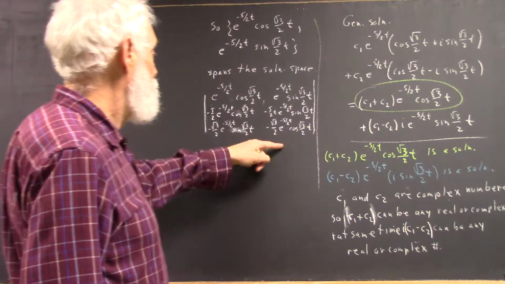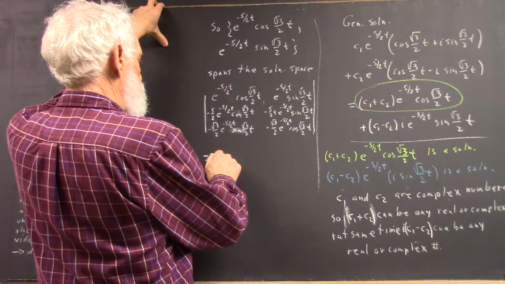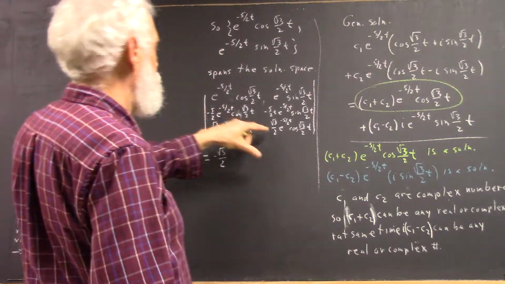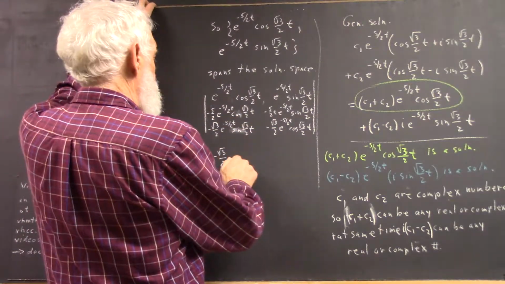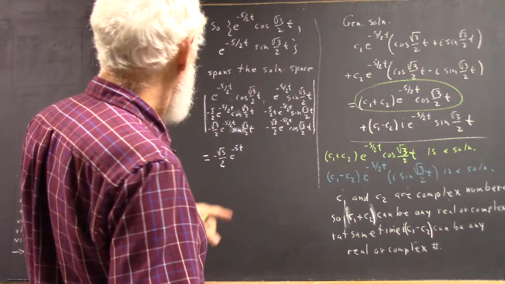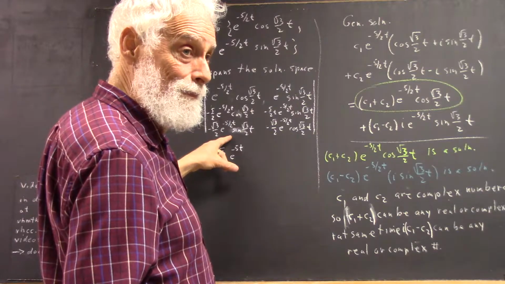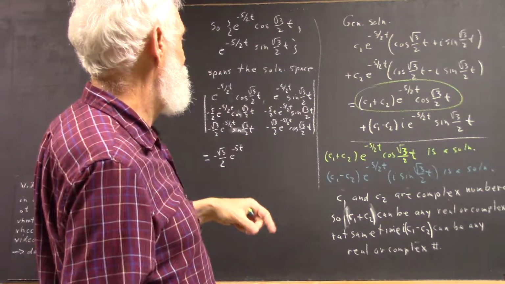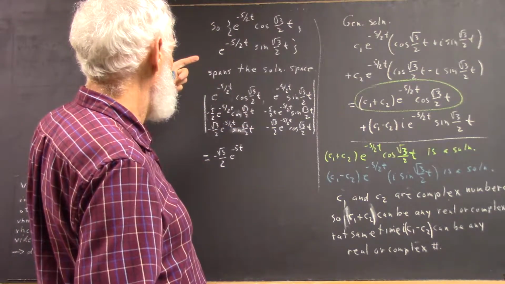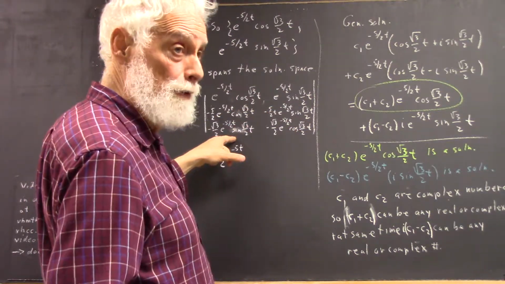Because now this times this would give us negative square root of 3 over 2 times e to the negative 5t, right? And that's going to be cosine squared, and this is going to be sine squared. They'll probably come out with the same positive or negative sign, but no, that one would be negative cosine squared, this would be plus sine squared, right?